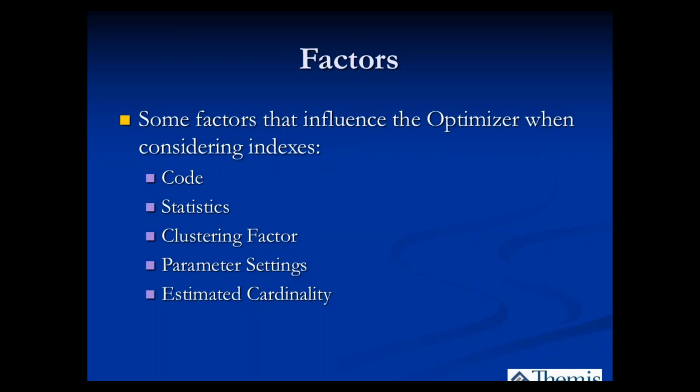Some of them are pretty powerful in influencing the optimizer one way or another. I'll show you a quick example and list what those parameters are later. And then maybe the estimated cardinality could be a factor too.